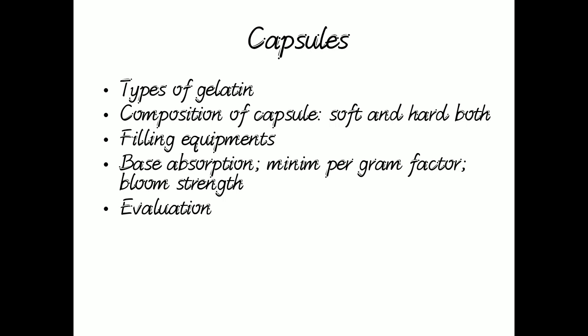Then the third component along with gelatin and plasticizer is colorant and preservative. The most commonly used colorants are either soluble dyes or insoluble pigments. Pigments may be used in large quantity, like titanium dioxide, which is white in color and used as an opacifying agent.